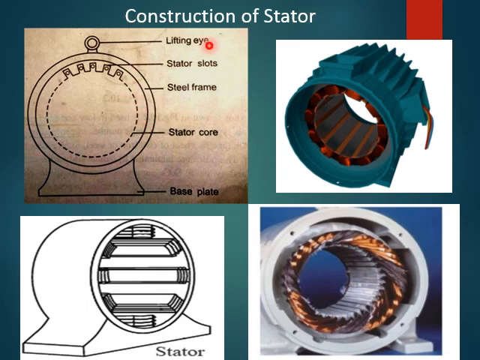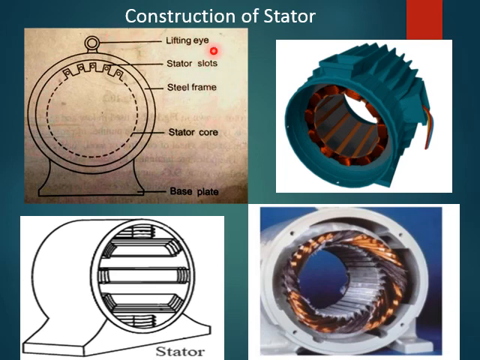Construction of stator. This is the construction of stator wherein this is the lifting eye, this is the steel frame, we have stator slots, stator core and the base plate. The stator is cylindrical in structure. Stator consists of a stator frame which is made up of silicon steel, which forms the outermost cover of the motor.